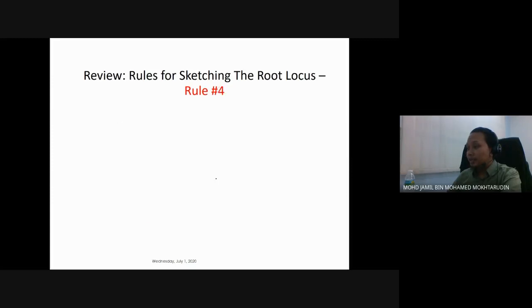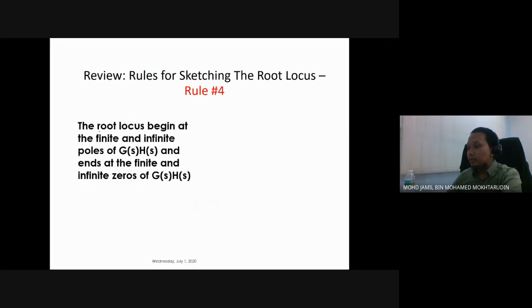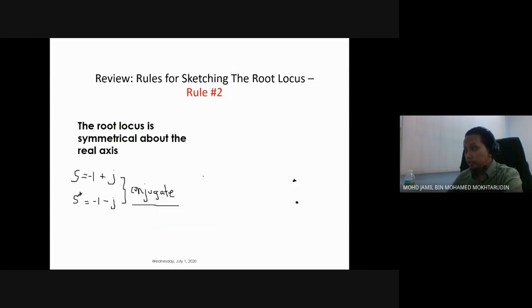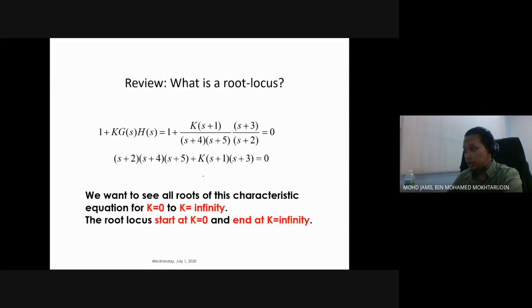Okay, rule number 4 is that the root locus begins at poles and ends at zeros. The example that I showed earlier, I showed you how to determine the poles.